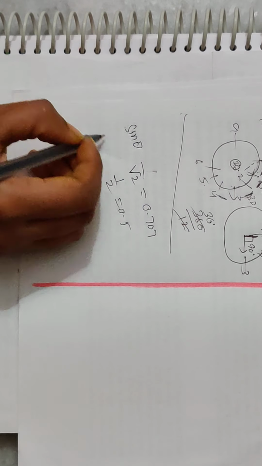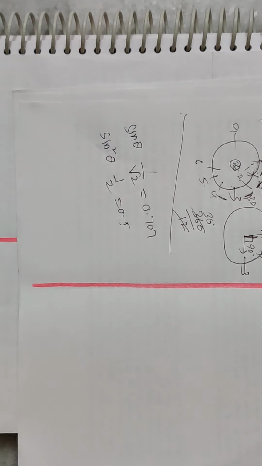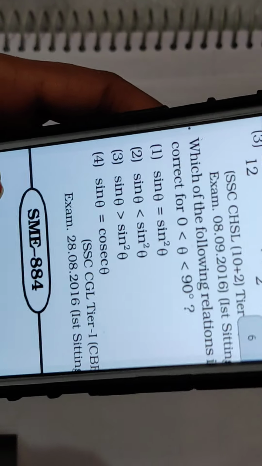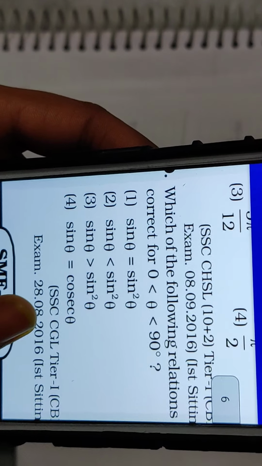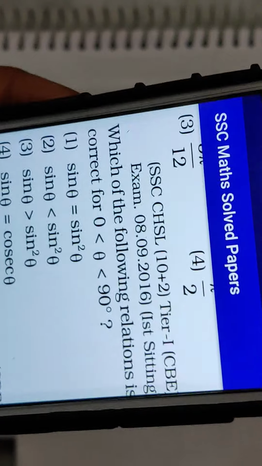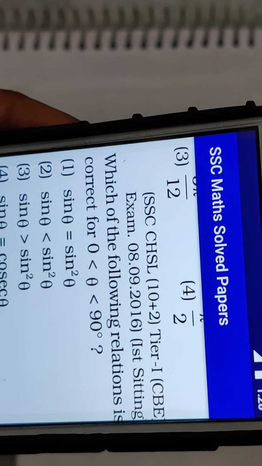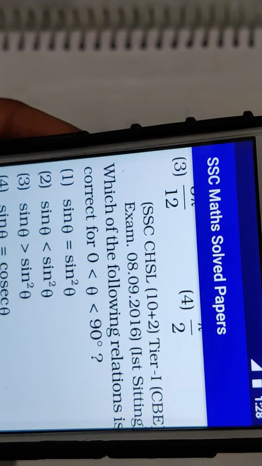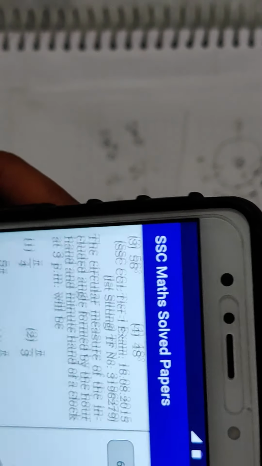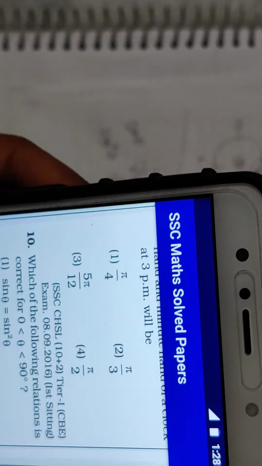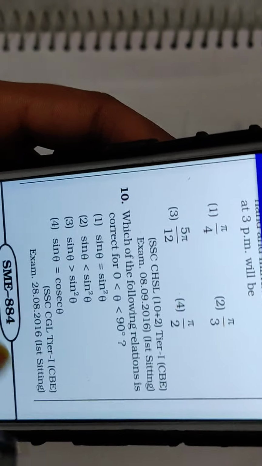This is sin theta, this is sin square theta. Right? So sin theta is always greater than sin square theta. Whichever angle you want to substitute, you can substitute, but it should always be within the given range, that is 0 to 90 degrees. So the option is the second option.